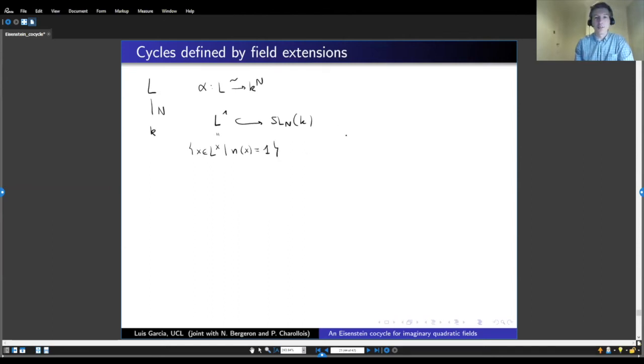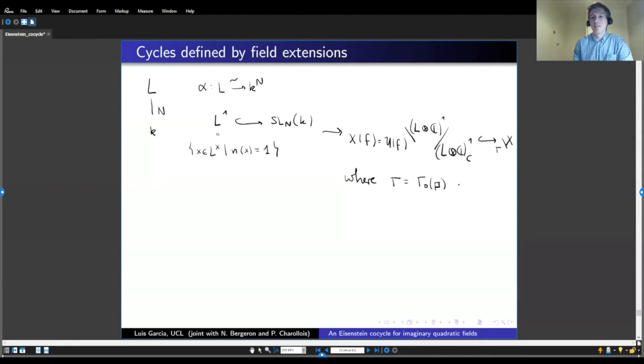Corresponding to this, you obtain an embedding of something that I will call X_F, which is this expression here, U_F, C^1, and then you have the compact part. This embeds into a quotient of X, where gamma is the intersection of Gamma_0(p) and Gamma_1(V0).